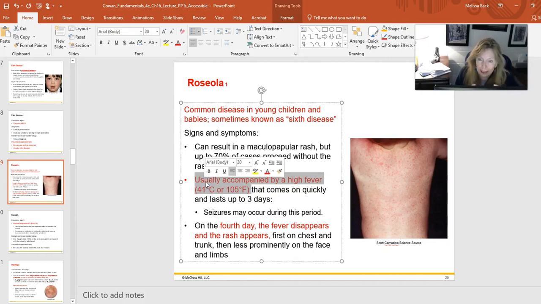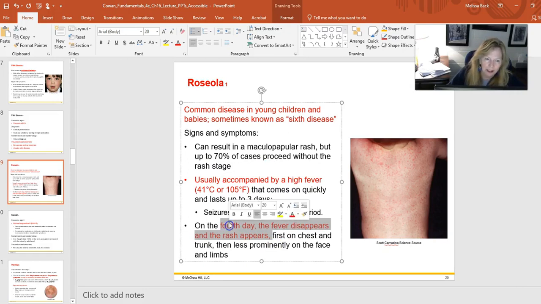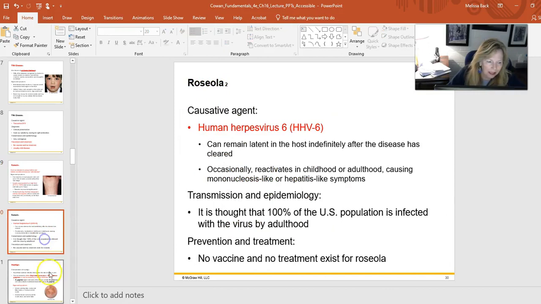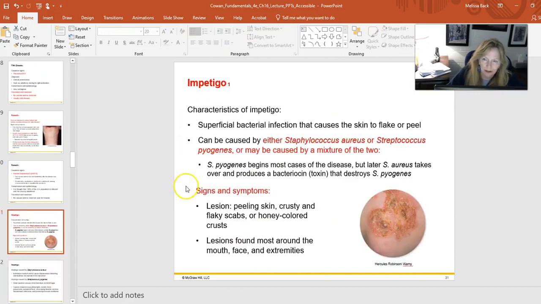It will last for days. Again, this history is really sort of indicative of this particular virus. So high fever coming and going for several days, followed by this rash, and then it's usually a very easy kind of diagnosis to understand that this was roseola. Very common disease in young children.